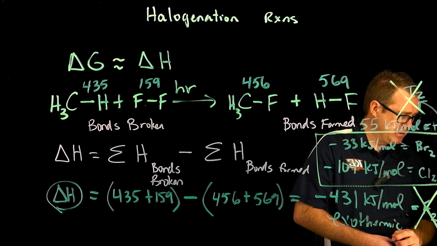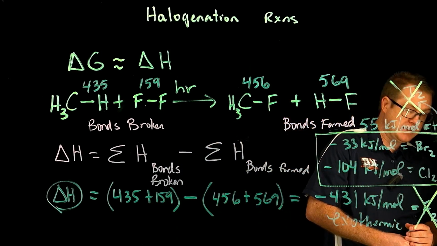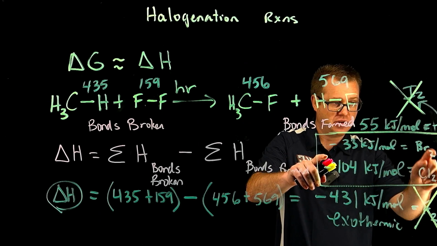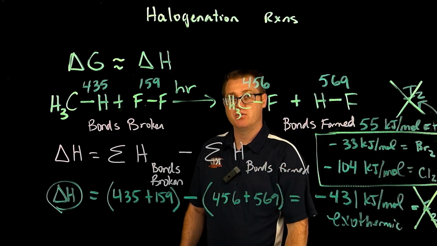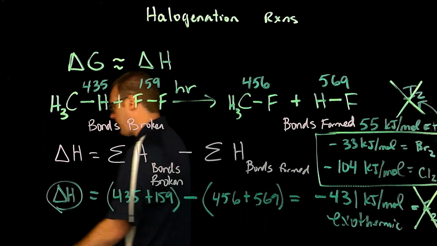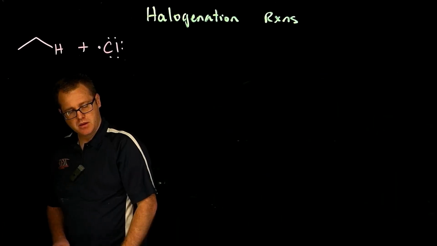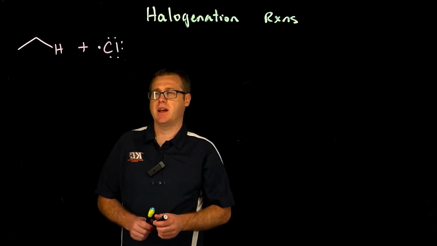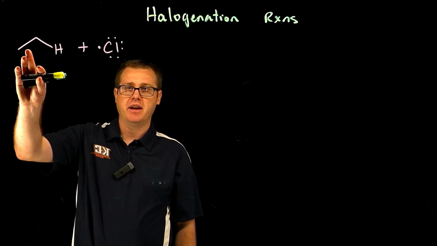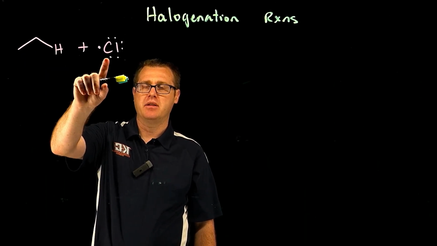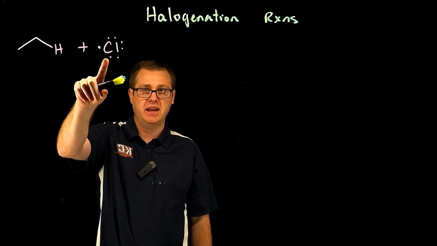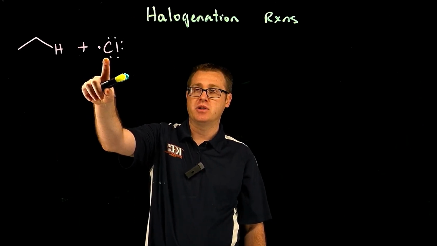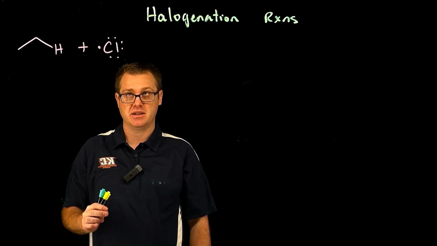So now I want to take a look at the differences between these two when we try a halogenation reaction with ethane. So now I want to take a look at ethane right here, reacting with the chlorine radical. I'm skipping the initiation step and going straight to the first propagation step.